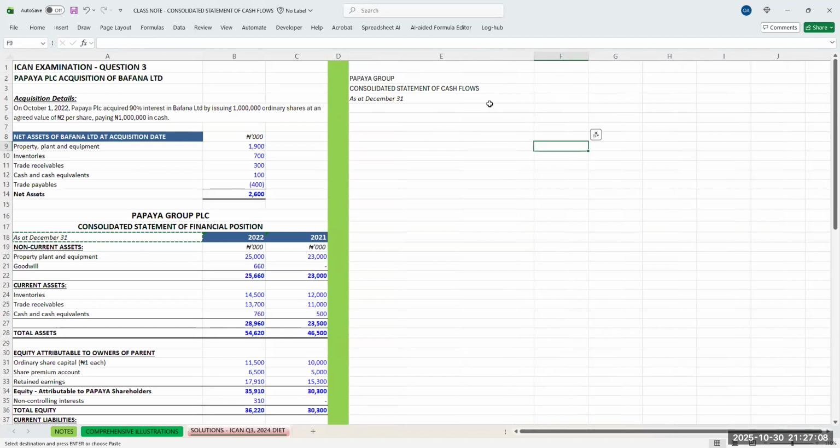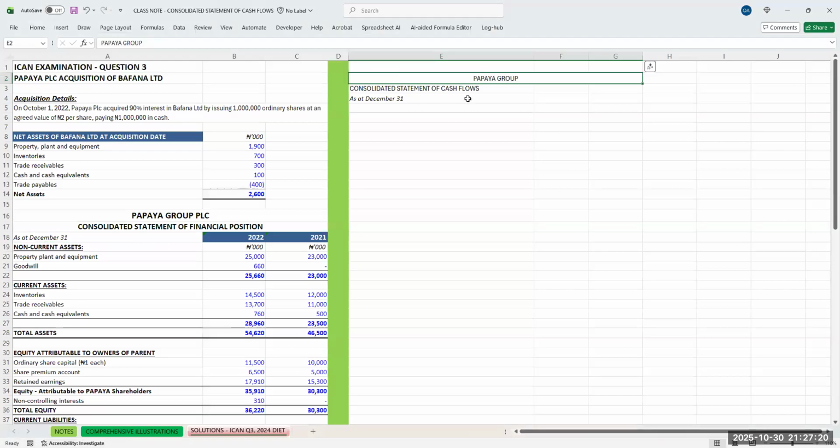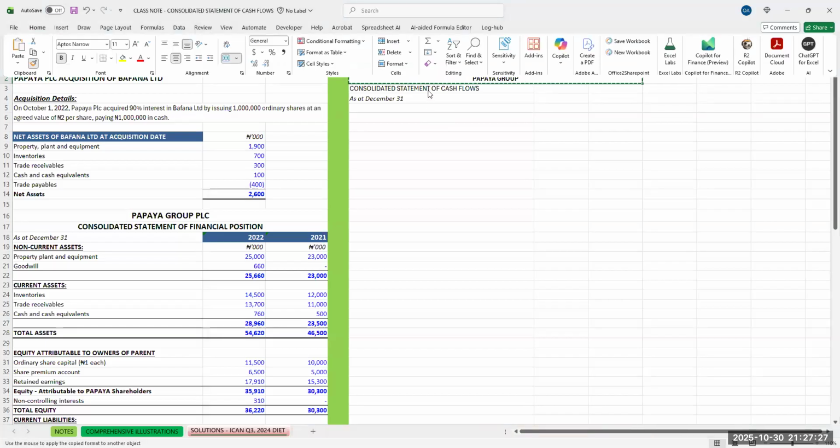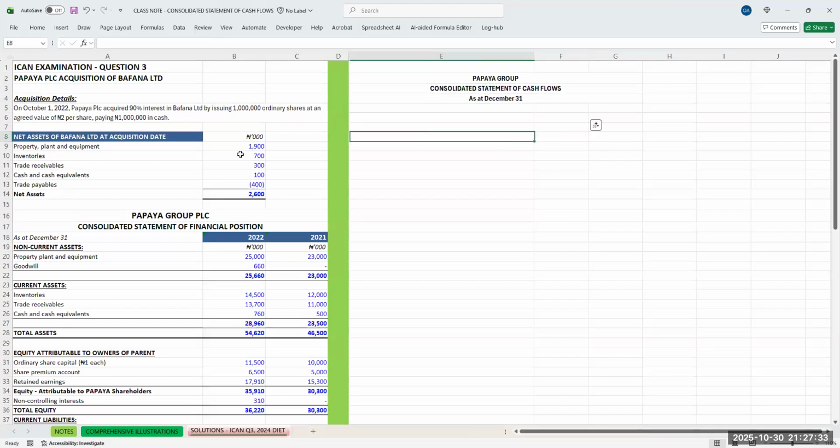Therefore, I can build this up, all figures in thousands.